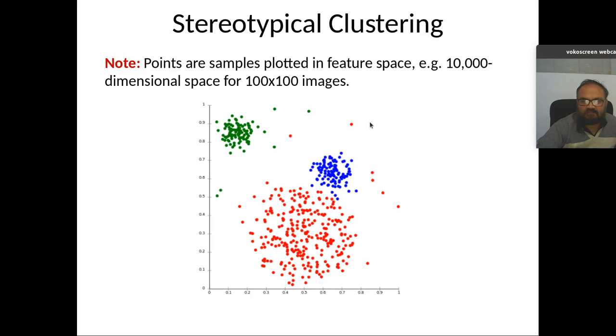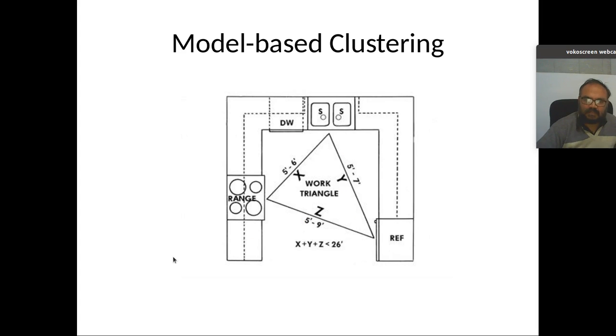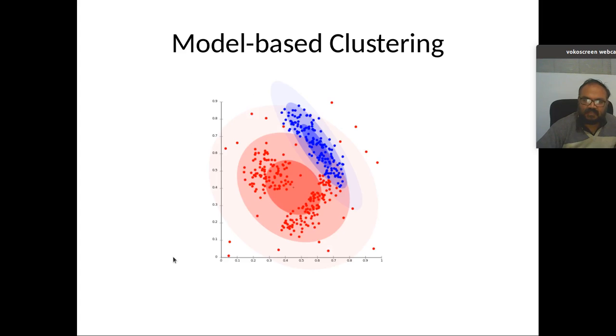So for example, the highest value 1 is the brightest pixel, and the smallest value 0 is the darkest pixel, and so on. Okay, then we have model based clustering. So as you can see here, we have clustered data set into 2 or more groups depending on how you look at it.